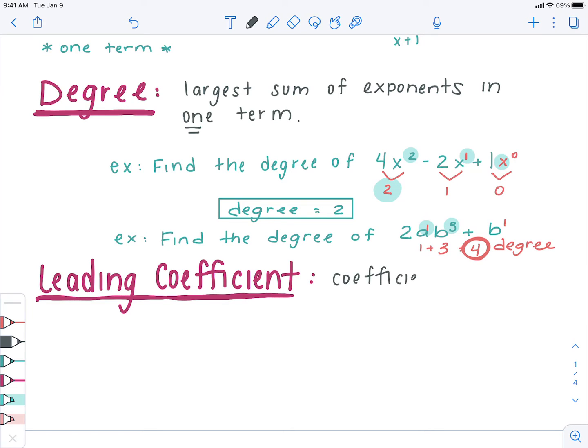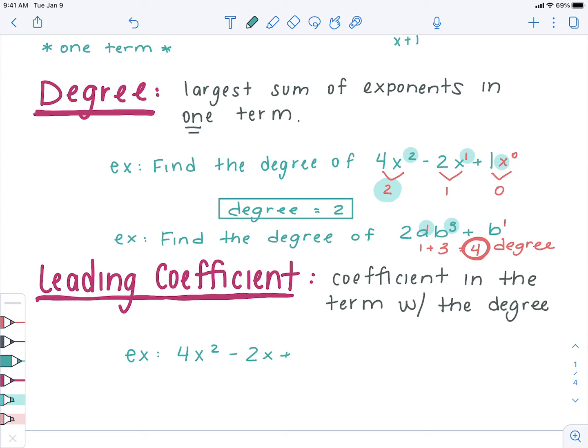And remember, coefficient is just the number in front of the variables.